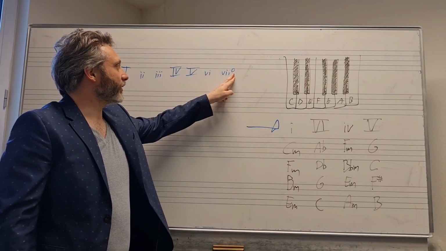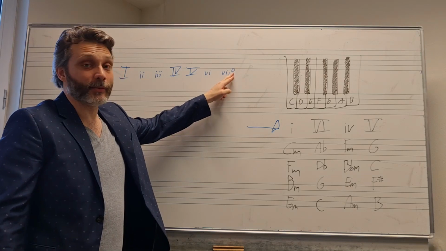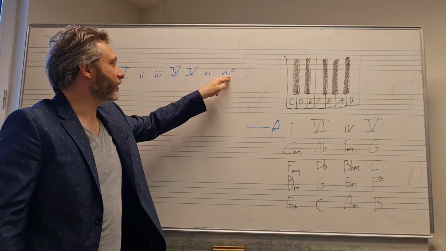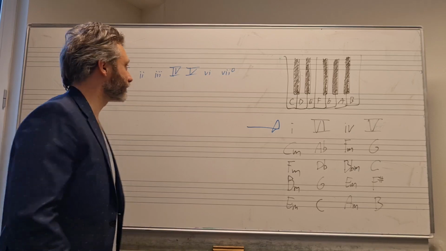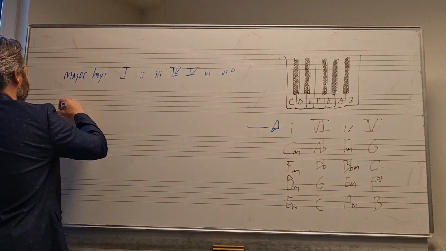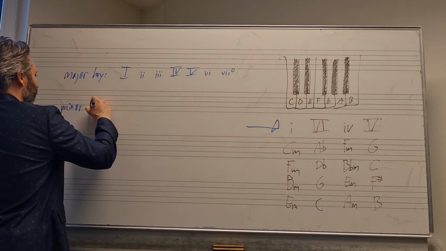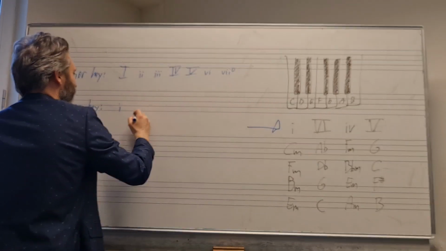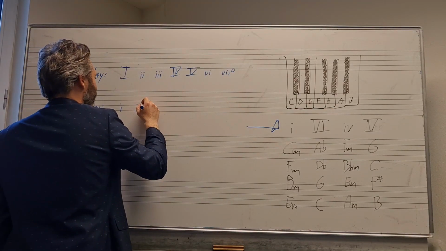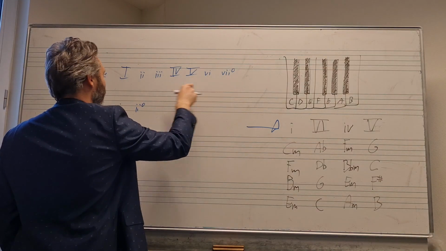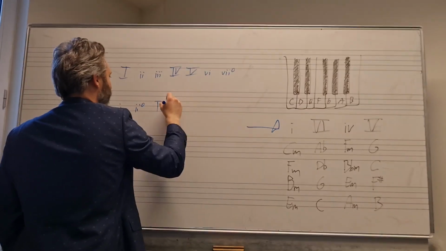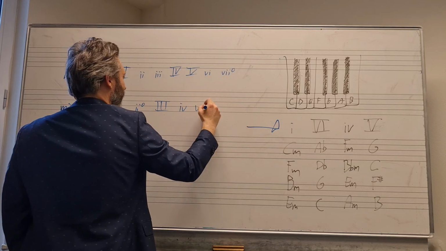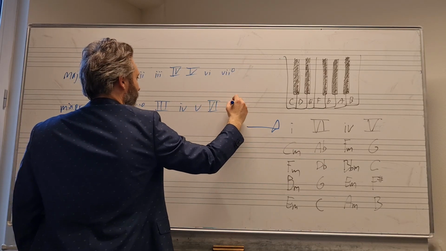Only in the case of a diminished chord do I actually put the symbol there, because otherwise you would think it's just a minor chord. In a minor key, we get the same thing. It's just the order of major and minor is different, so we start on a minor chord and then we get our diminished. So it's like we started here, and then we get major, minor, minor, major, major.